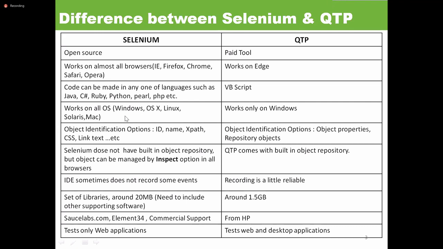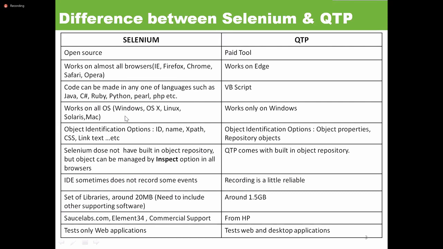Every tool has its own features and its own drawbacks. We cannot say that this is the one best tool. As part of the project requirement, it depends on which tools need to be used.